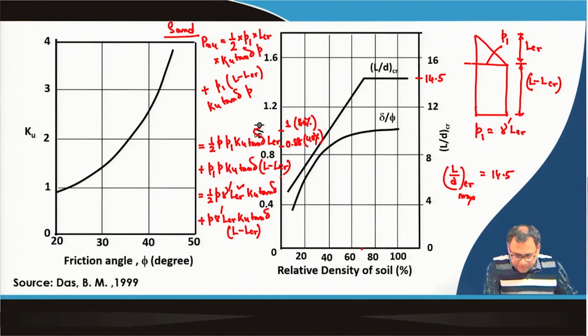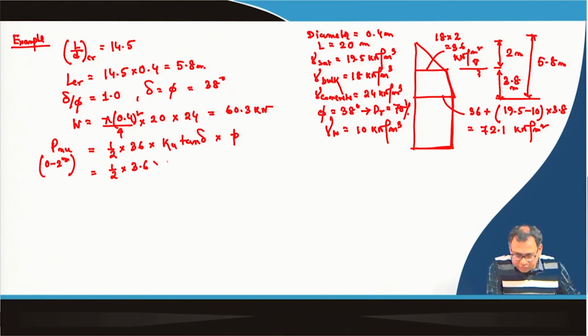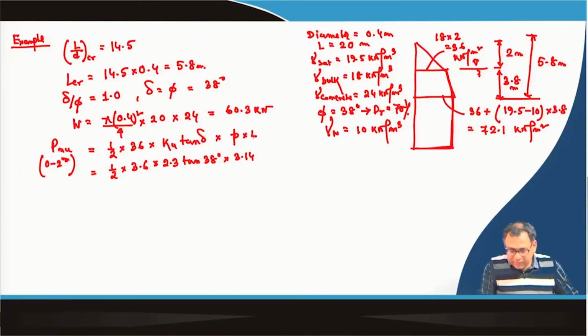Phi is 38 degree, so Ku will be 2.3. I will take Ku equal to 2.3, tan delta is tan 38 degree, then perimeter into length. Or you can write half into 36 into L, then Ku into tan delta into perimeter.